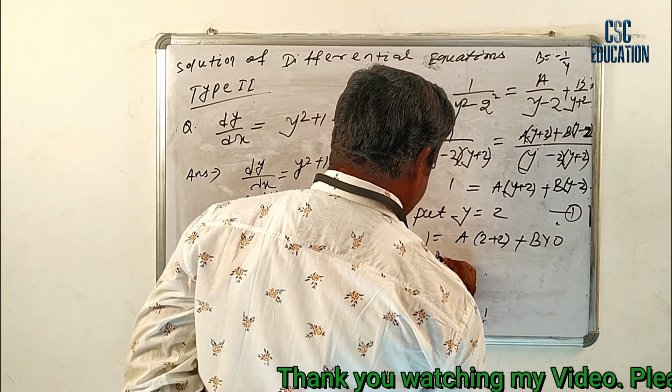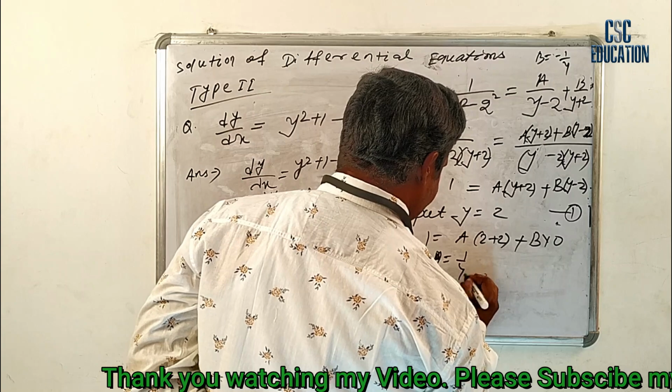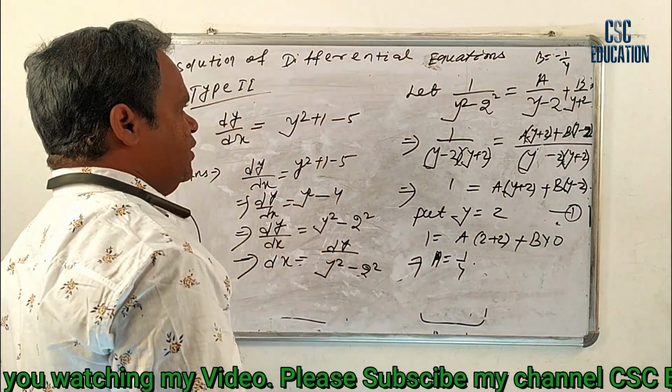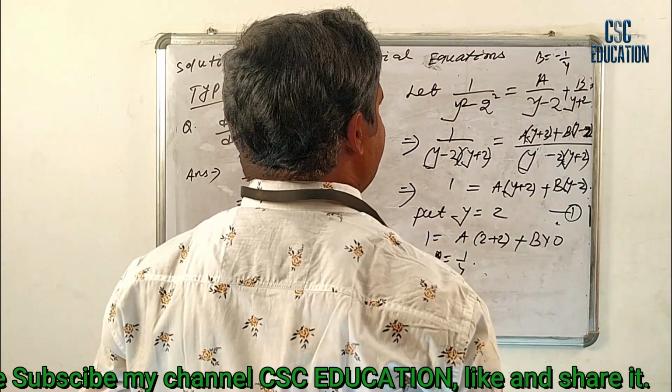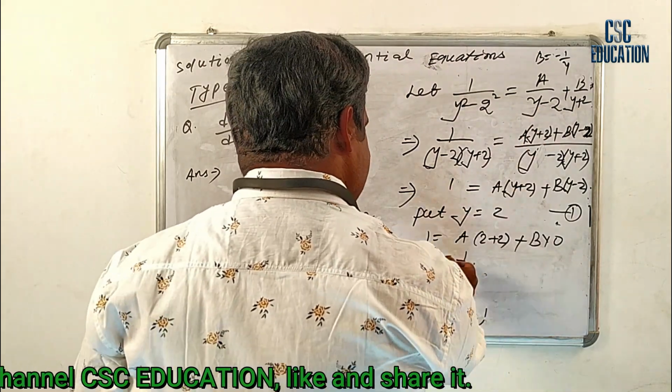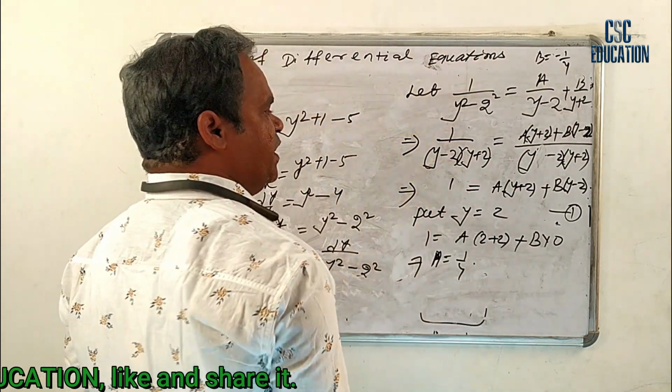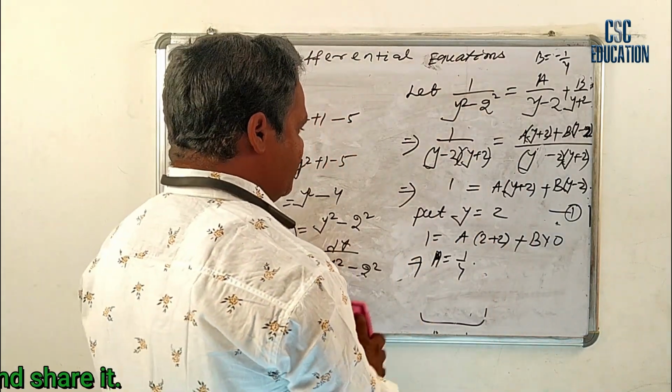That means a equals 1 by 4. So a equals 1 by 4 and b equals minus 1 by 4. Now substitute these two values in the equation.